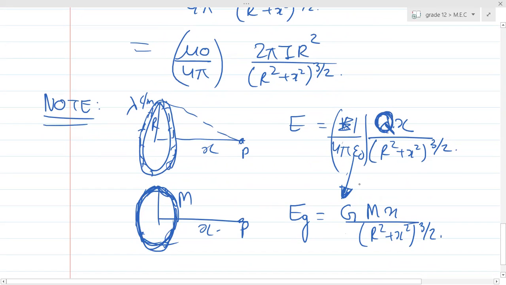So then can you see the charge, mass, x, r square plus x square. Everything in physics is a little bit symmetric to each other. Electrostatic, gravitation, and this is magnetic. So can you see the symmetry?